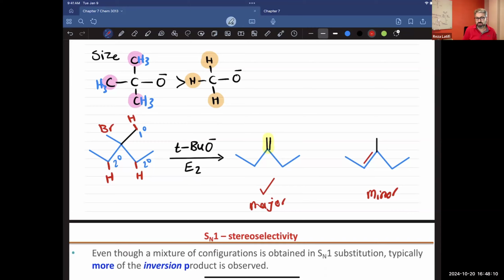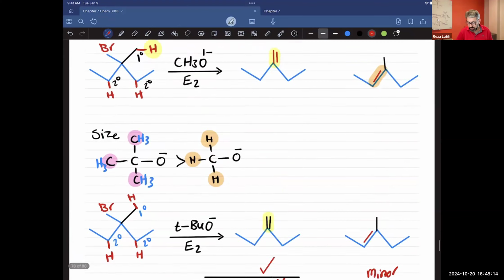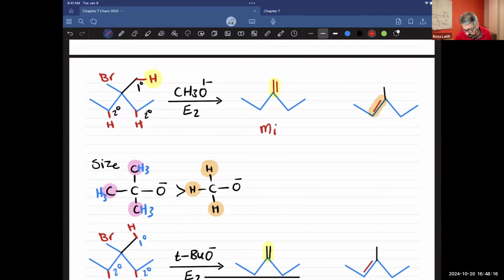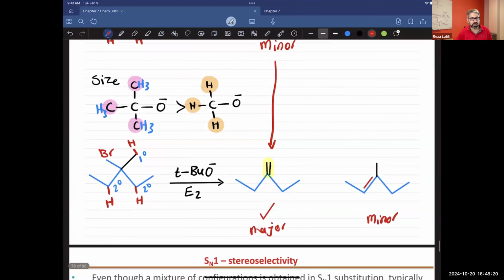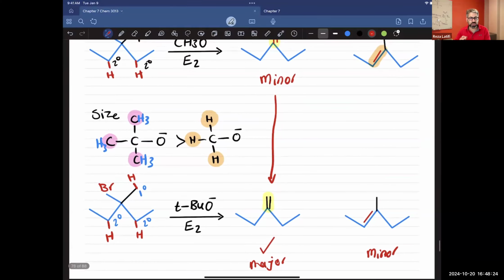So my base, because it was bulkier, I managed to switch from minor to major product. So I had control over the ratio of the product. And like the first one, this one used to be major. Now it turned to minor product because we used a bulky group.